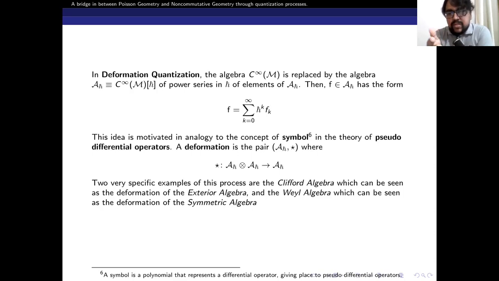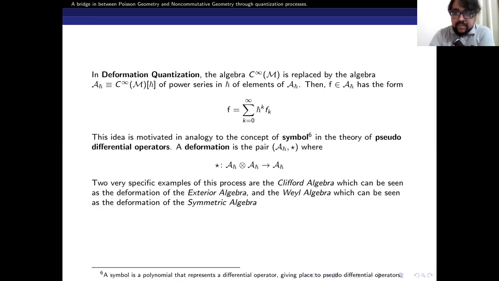So in the case of deformation, the algebra of functions over the manifold is replaced by the algebra over the ring in the variable ħ, and the elements of this algebra are power series. So the functions in here have this form. And then a deformation is the pair of this algebra together with this product, which is basically the Moyal product.